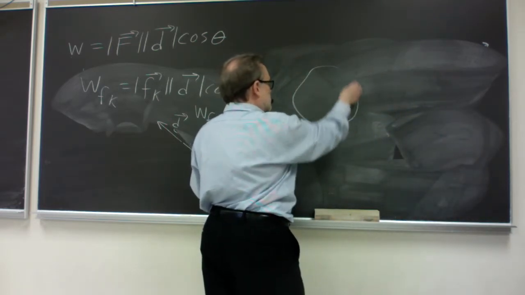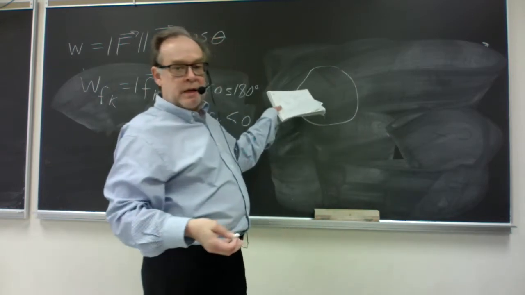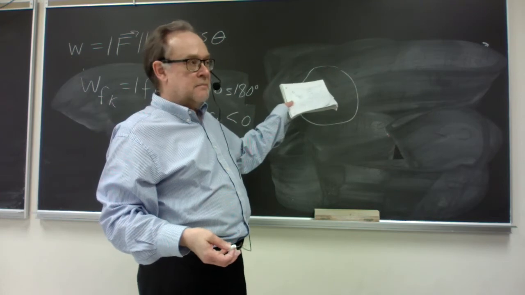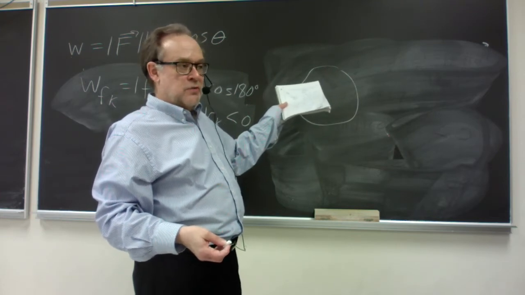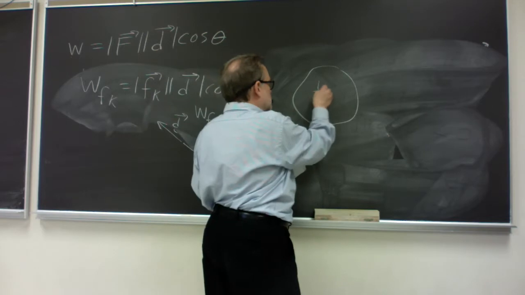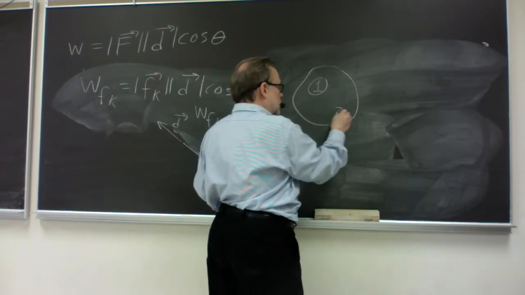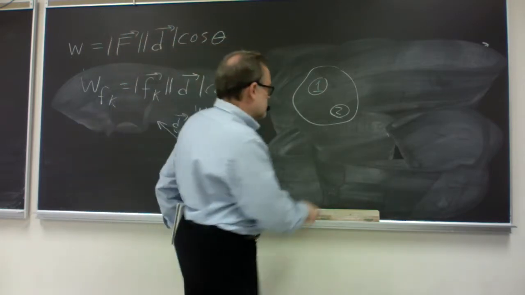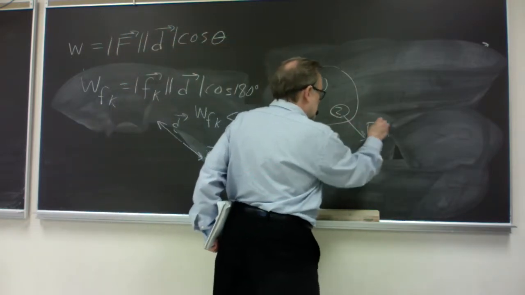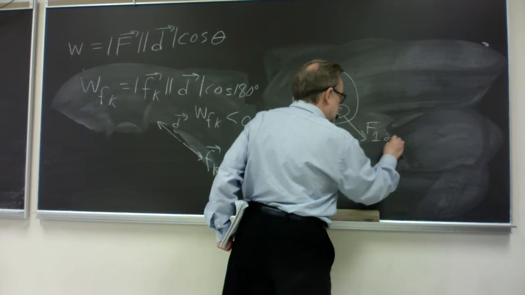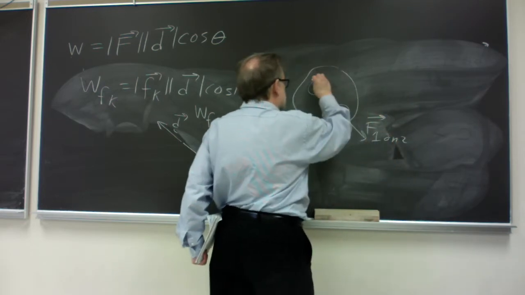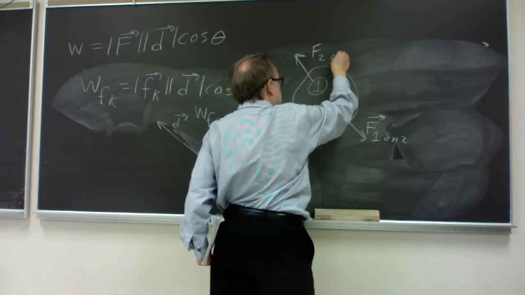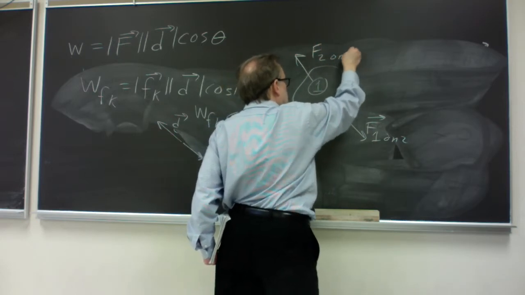So here's our system. Imagine everything in that area surrounded by that curve is in the system, and we'll think of just two things in the system, thing one and thing two, and they're interacting with each other, which means there's a force from thing one on thing two, and there's a force from thing two on thing one.